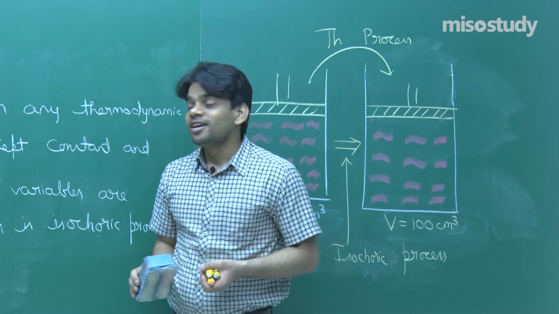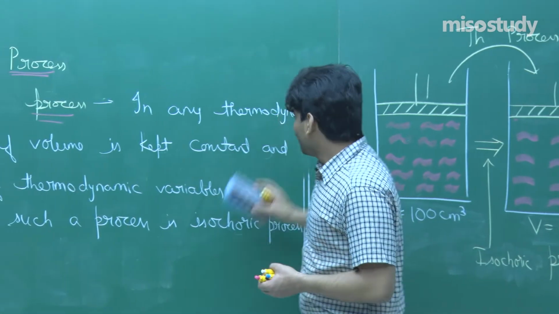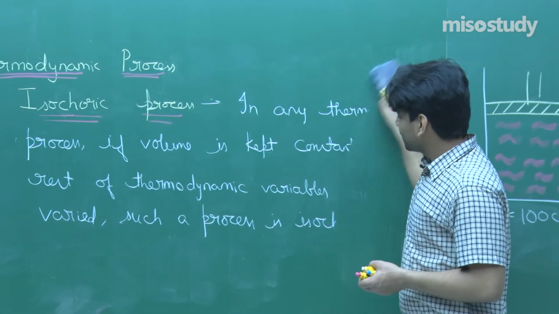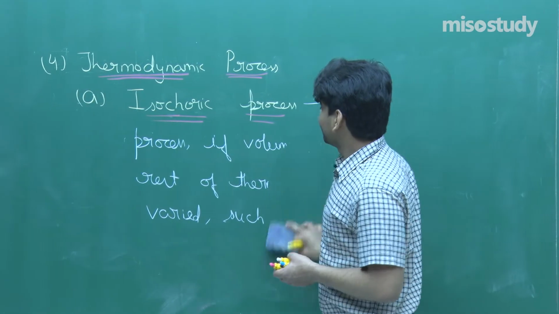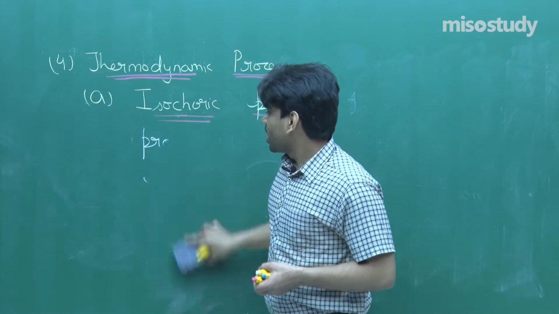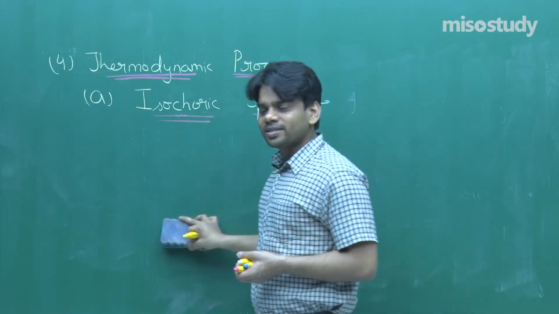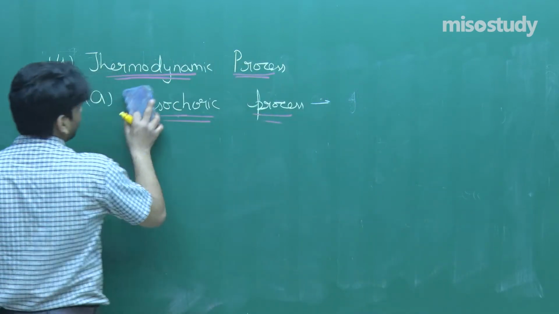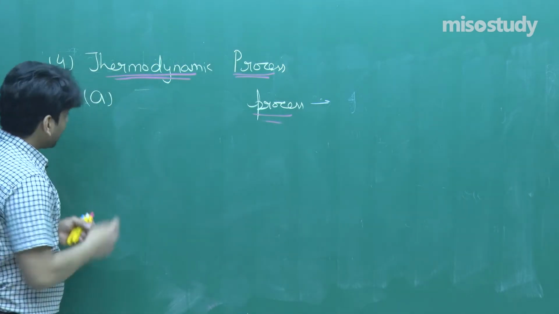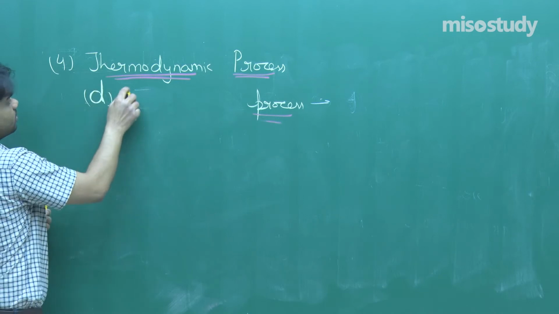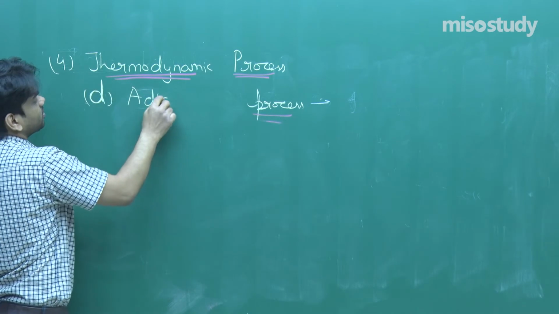Three processes. Now, there are some more basic processes that we should know. The next one will be a bit different from what we have learned till now. The fourth one is the adiabatic process.